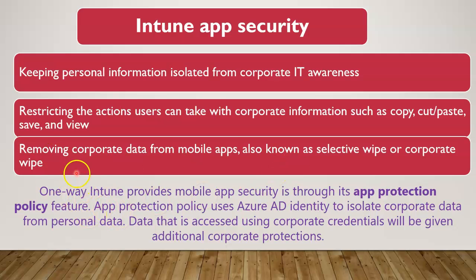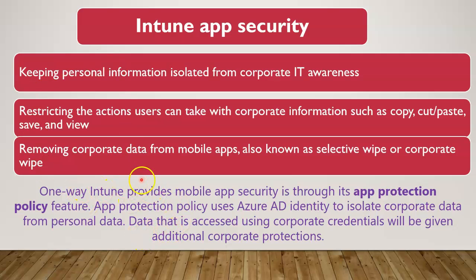Let's also look at another consideration. When you remove corporate data from your mobile apps, you leave all the personal data as it is, and wipe only the corporate data. For example, when the user is leaving the company, or when he lost a device and is not responding, you can wipe the corporate data but keep his personal data. You can manage it that way.